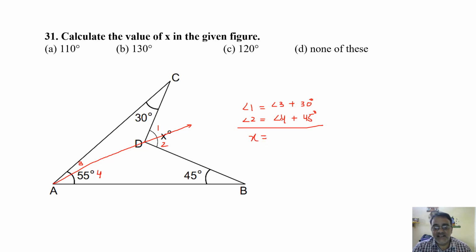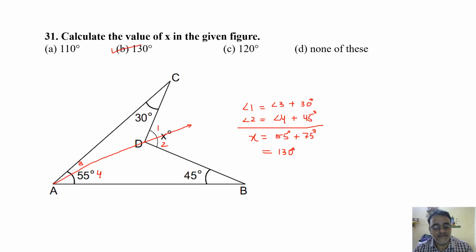If you add angle 3, angle 4, you will get 55. And 30 plus 45 is 75. Now what is the sum? 55 plus 75. 130. Yes, you will get 130 degree. And the correct option is option B.